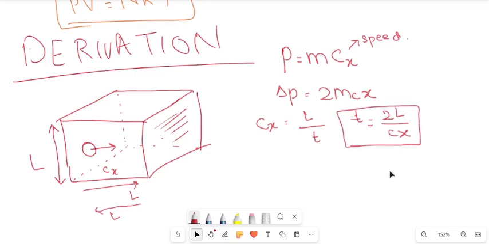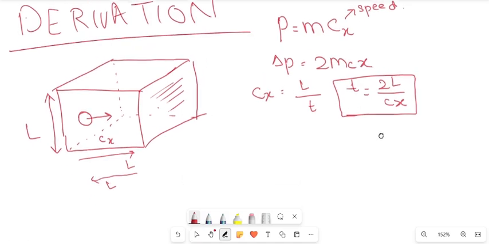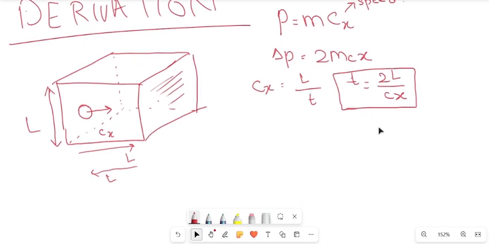And then, do you know rate of change of momentum, F? Force is rate of change of momentum over time. Now we know what delta p is, that is 2mcx over t.